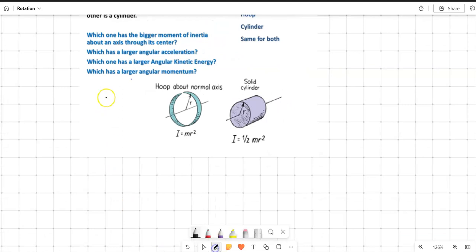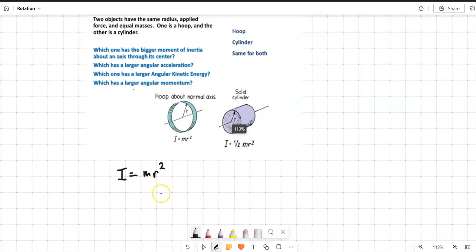So they want to know which one has a bigger moment of inertia, and obviously those moments of inertia are here. This hoop, if it has the same mass and radius, has a moment of inertia of MR squared. Okay? And the disc has a moment of inertia.